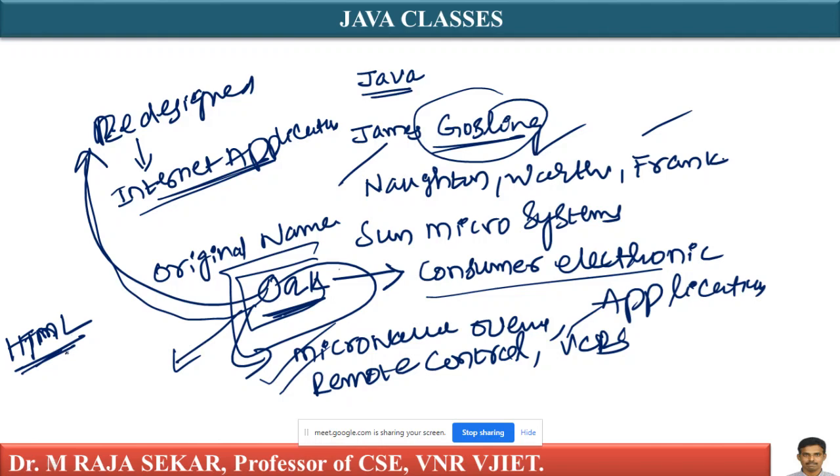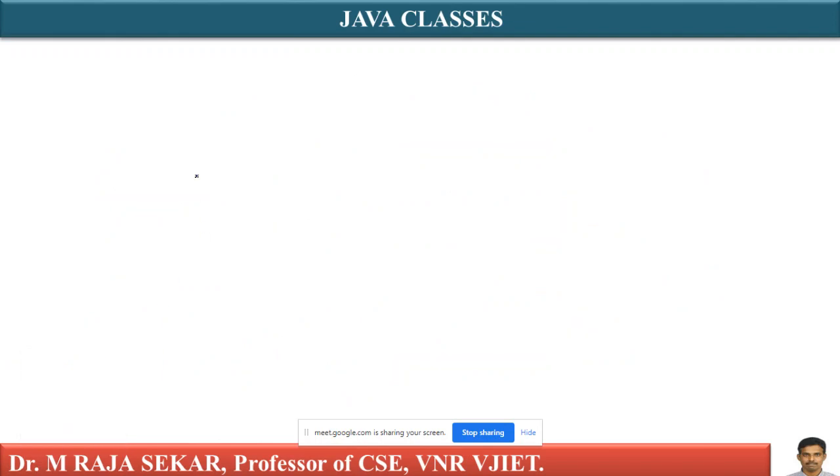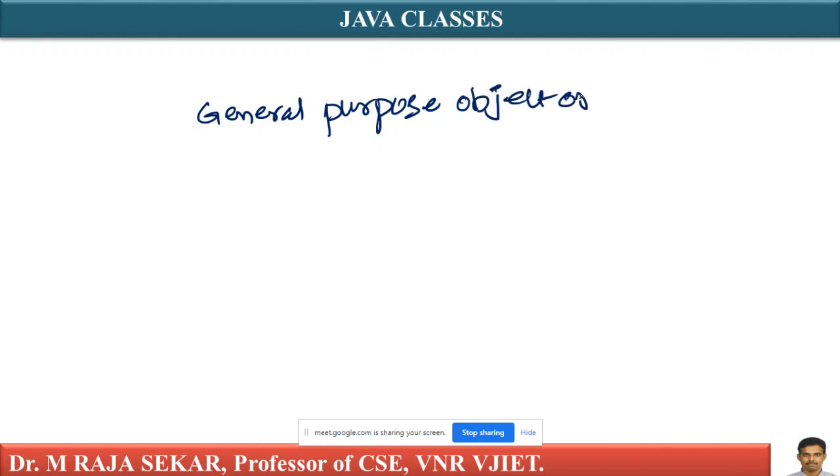What is Java? Java is a general purpose, object oriented programming language developed at Sun Microsystems by James Gosling with his team.